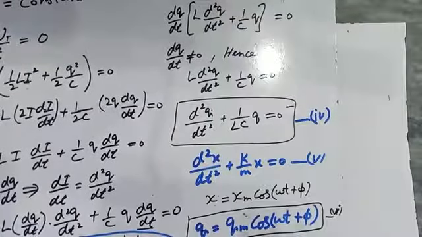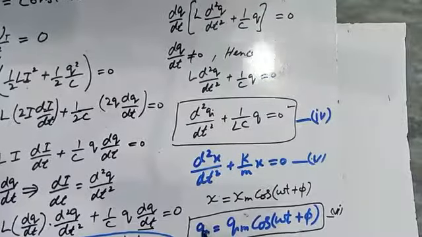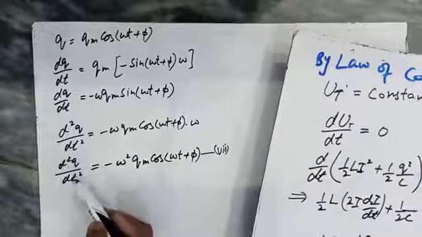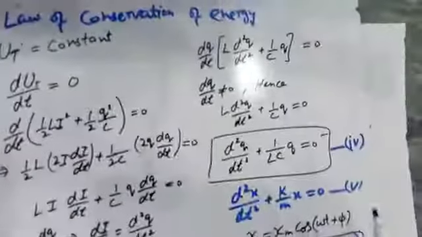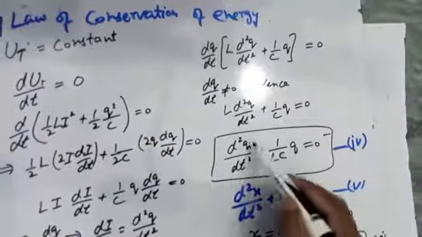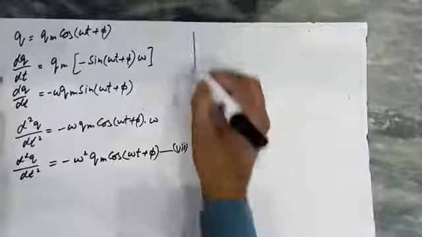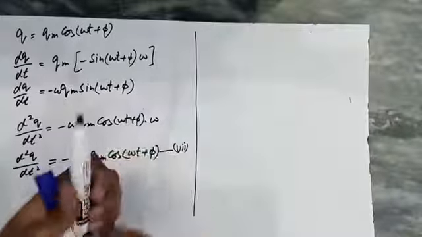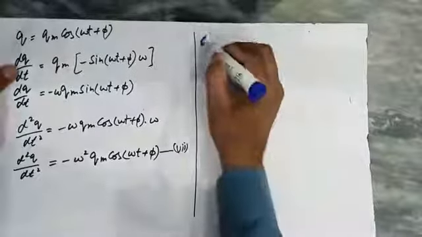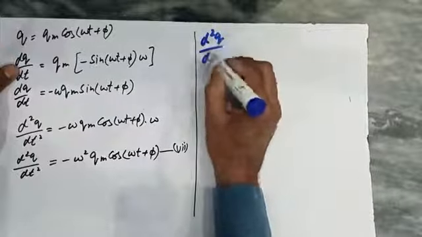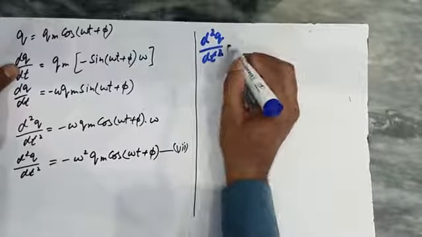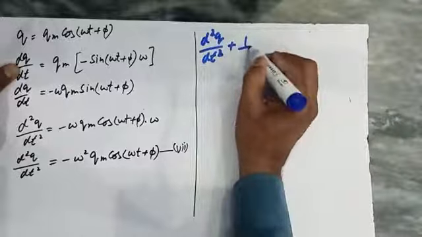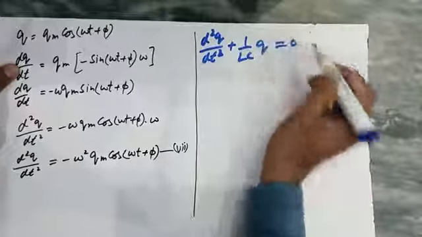Now putting the value of charge q and d square q over dt square from equations 5 and 6 in equation 4, I rewrite the equation so that I can show you here. D square q over dt square plus 1 over LC times Q is equal to 0.